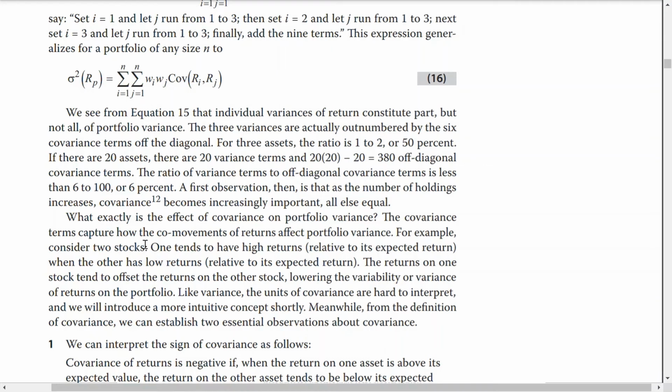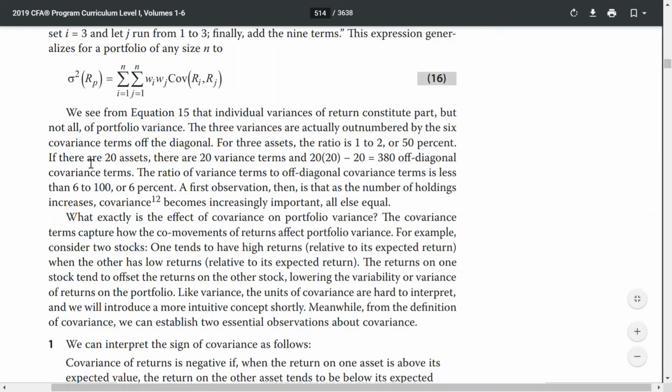If there are 20 assets, there are 20 variance terms. 20 squared minus 20 is 380 off-diagonal covariance terms. The ratio of variance terms to off-diagonal covariance terms is less than 6 to 100, which is 6%. Our first observation, then, is that as the number of holdings increases, covariance becomes increasingly important, all else equal.